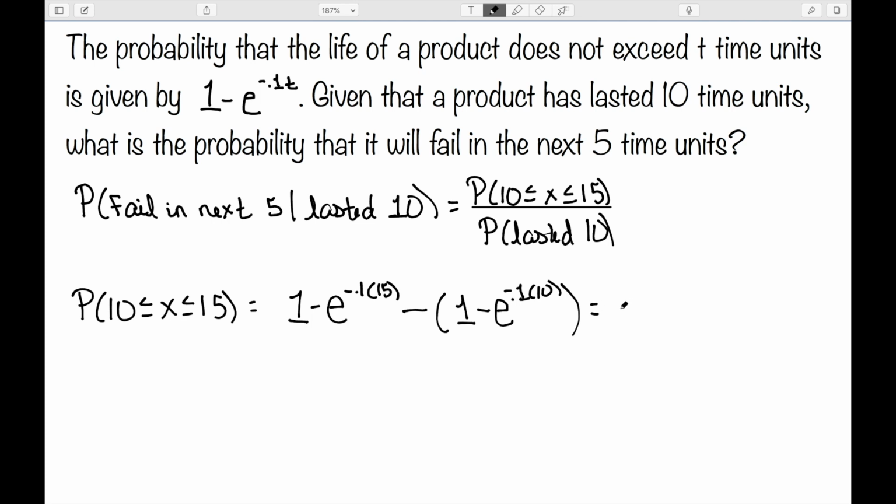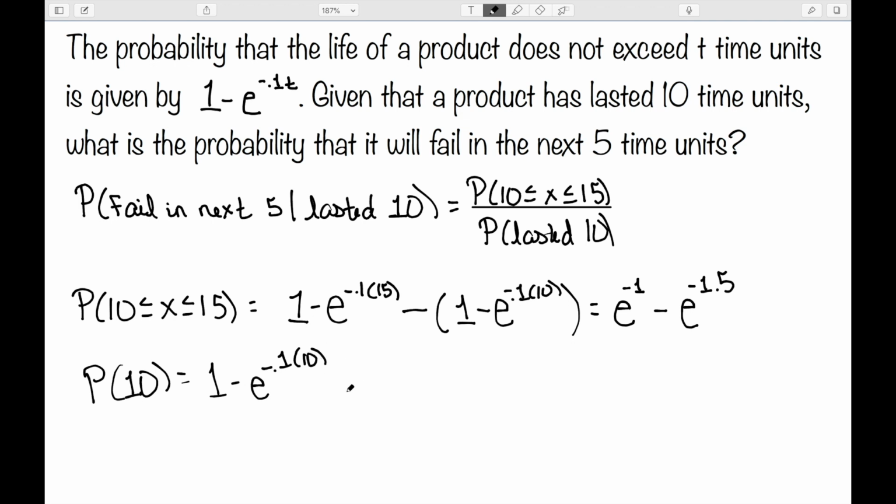When we simplify this, we get e to the negative 1 minus e to the negative 1.5. The probability that it has lasted 10, well, that'll be 1 minus e to the minus 0.1 times 10, which is 1 minus e to the negative 1.